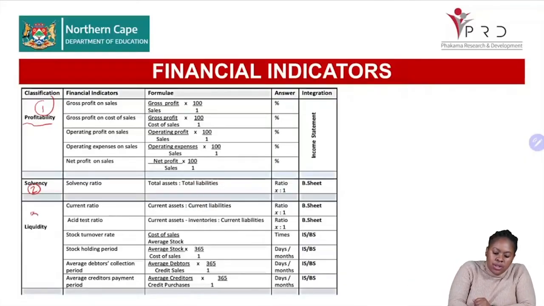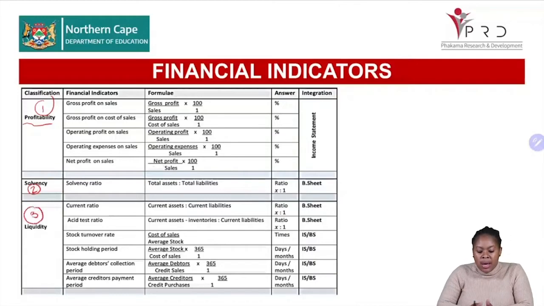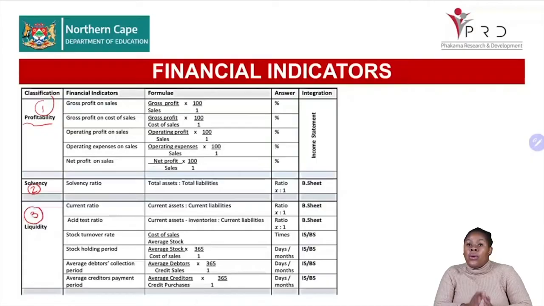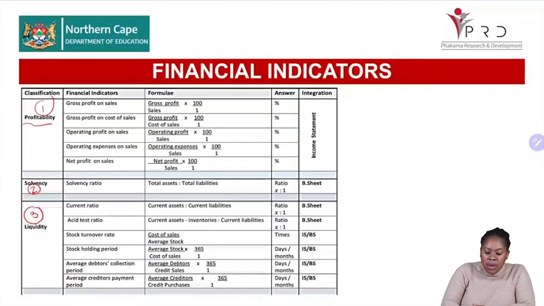Then the third financial indicator group is our liquidity. Now we said that our liquidity is more referring to our working capital. So we are looking at our assets, we are looking at our debtors, and we are looking at our creditors. Well, short term with that regard. So that is the story with the third group, which is liquidity.